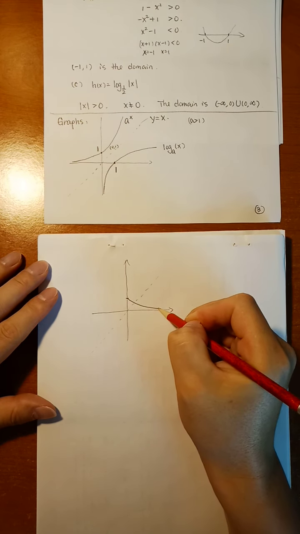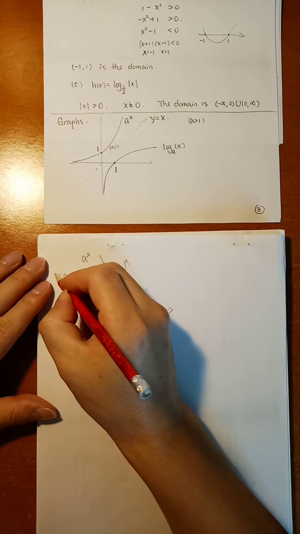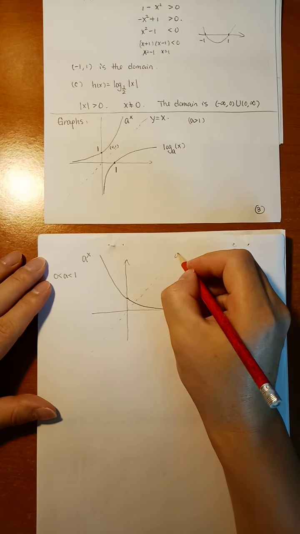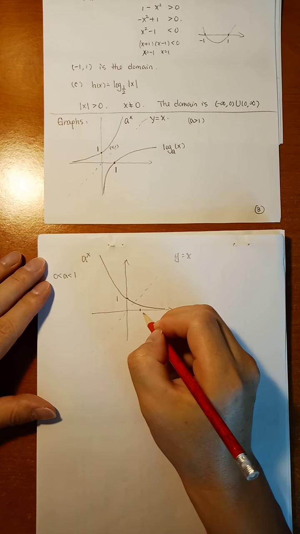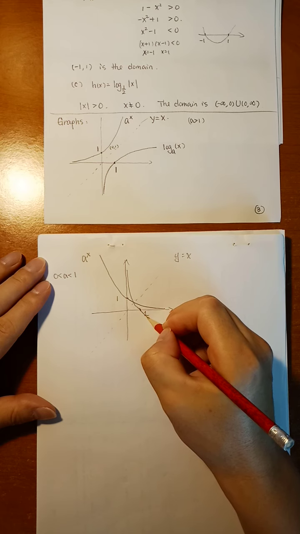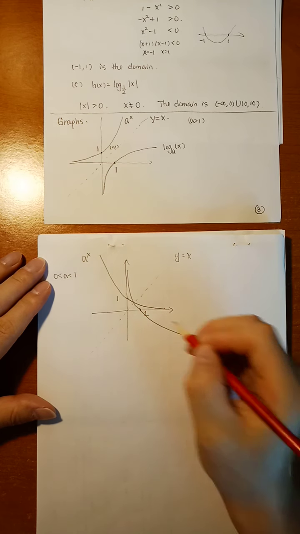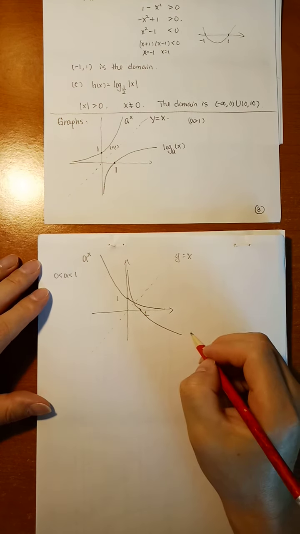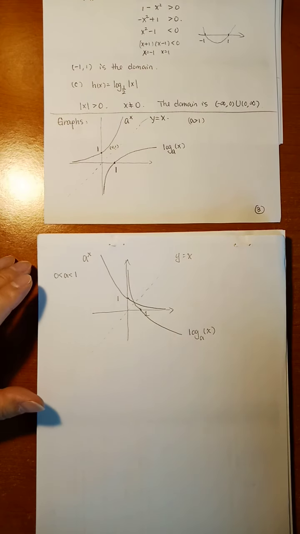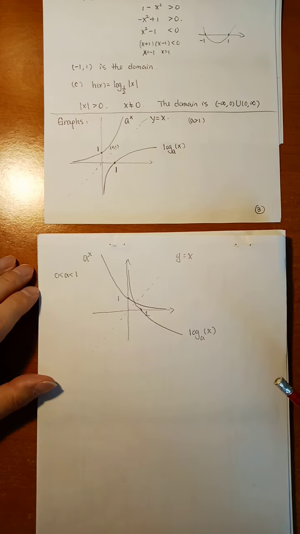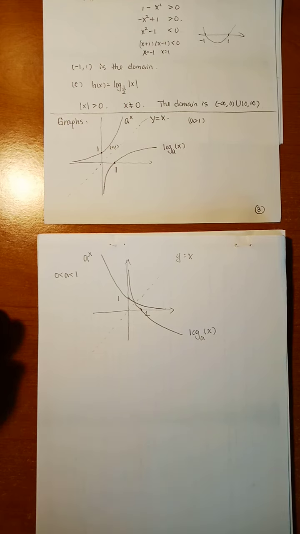So a to the x, with a between 0 and 1, and y equal to x. We first get the symmetric point. Now we have this graph, y equal to the logarithm to the base a of x.